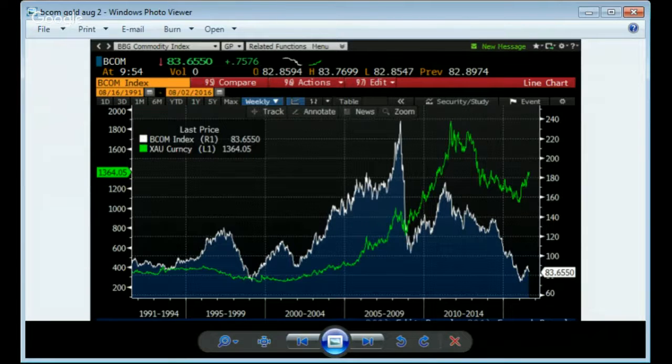And again, divorced in time, meaning they're not necessarily moving at the same time, but within a certain level, the movements are the same. Okay?